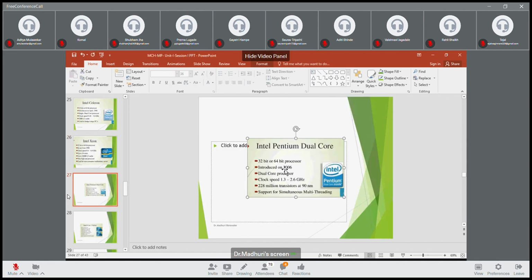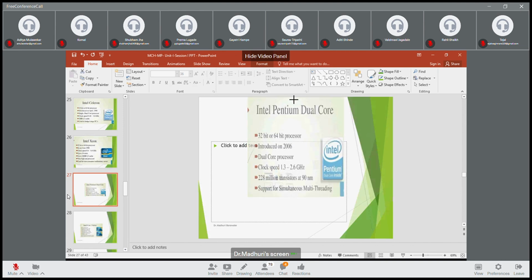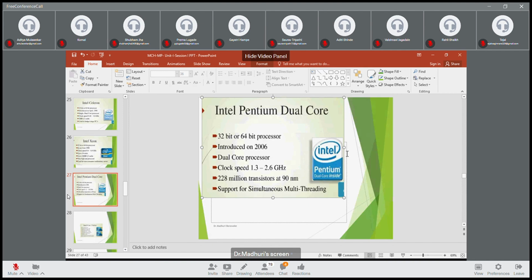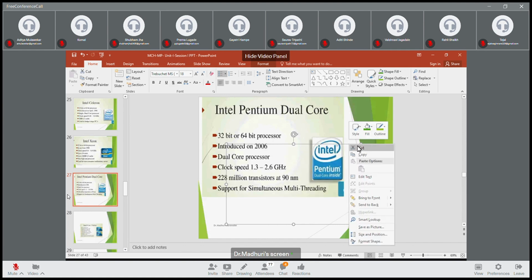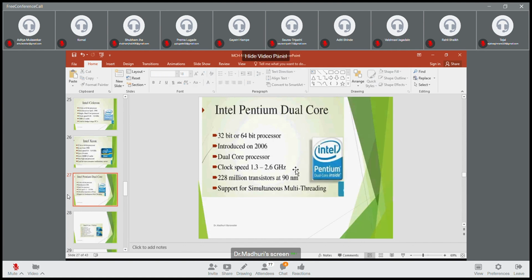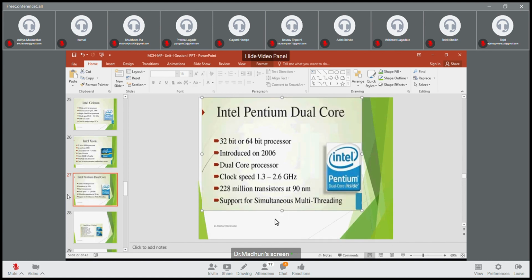So after that, the Intel dual core. Here in Pentium dual core there are 2 cores.